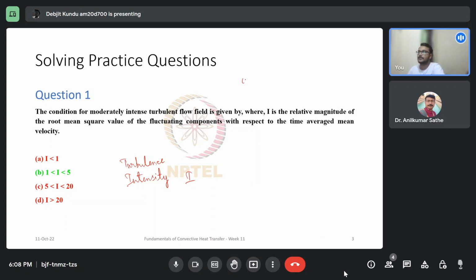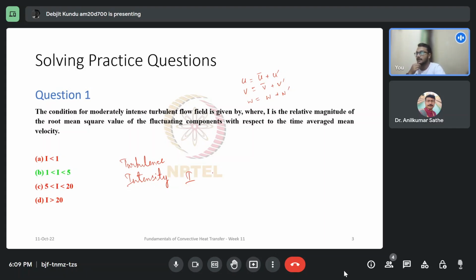If we consider the velocity vector u to be a sum of an average u plus a fluctuating part of it, and remember, I'm talking about u as a vector. So u is the velocity in the x direction, v is the velocity in the y direction, and w is the velocity in the z direction. So these are the fluctuating components.